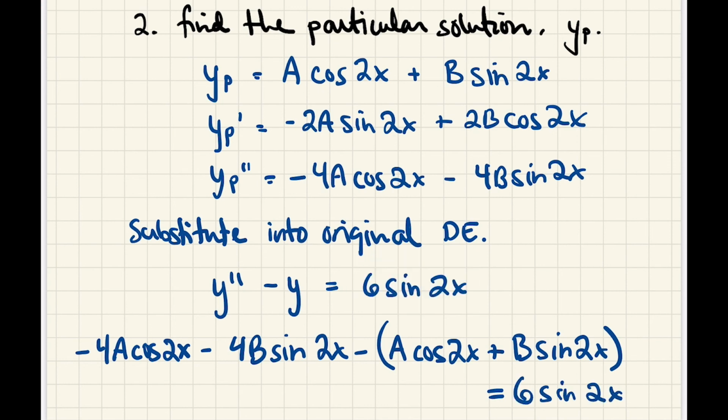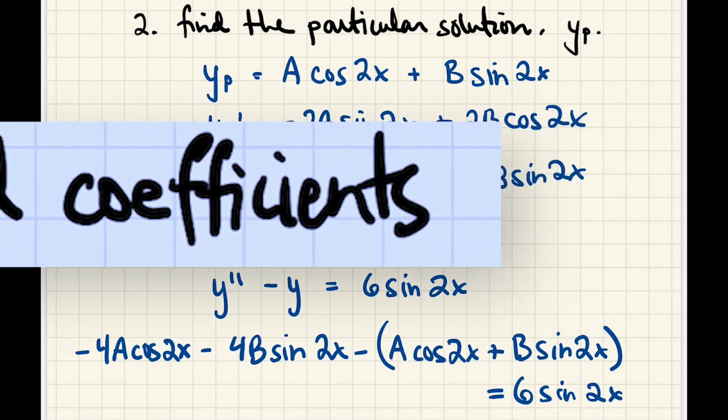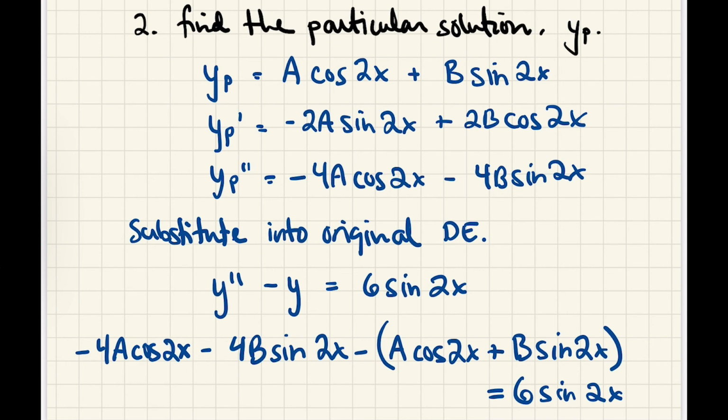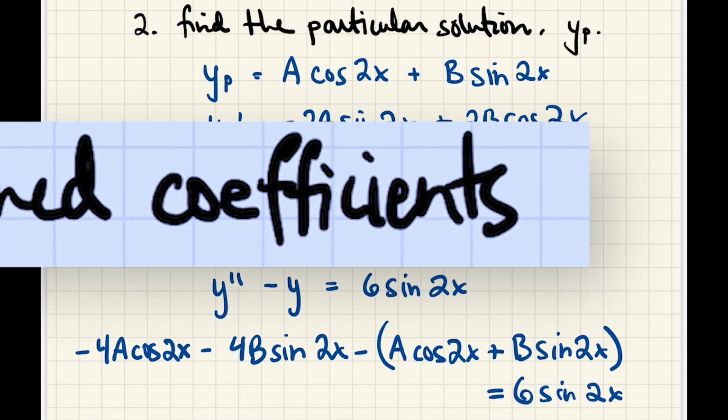So again, we just need to determine what the undetermined coefficients are here, capital A and capital B, of course. I hope you're starting to see why this technique is called undetermined coefficients.